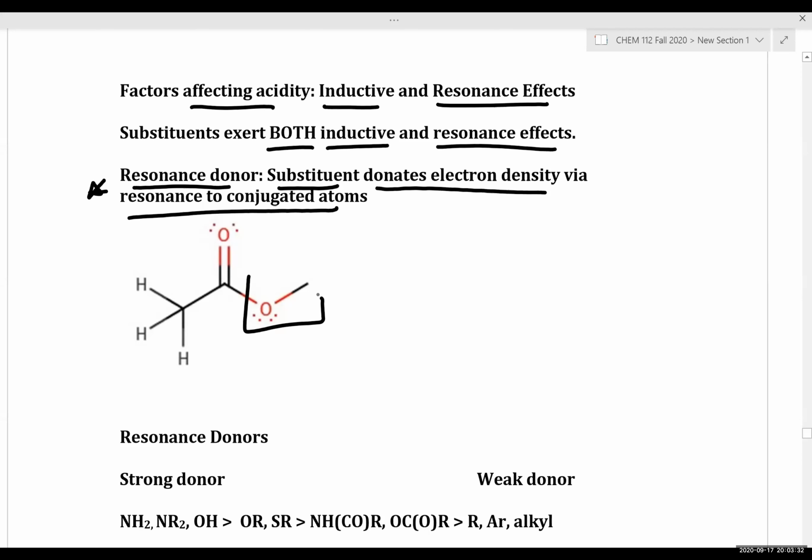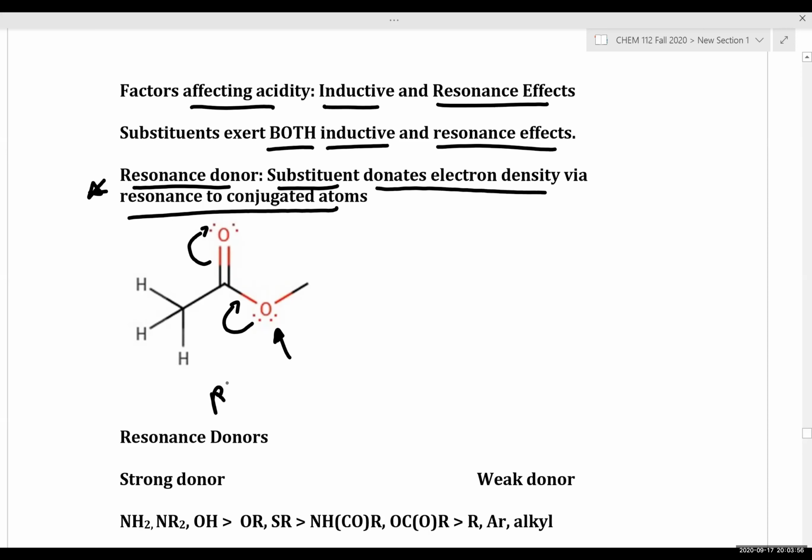So for example, this oxygen substituent would be a resonance donor, as it is able to push its electron density into and donate electron density into our carbonyl functionality.